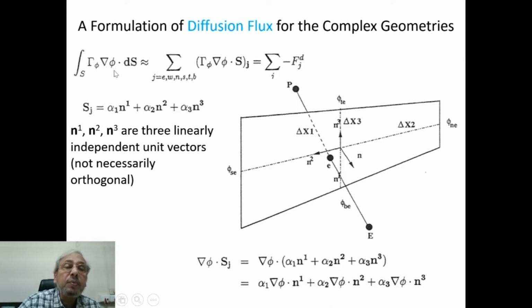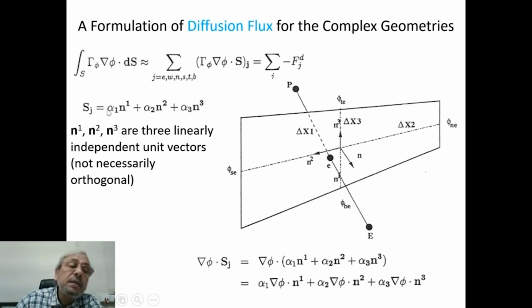It can be U, V, W for the momentum equation, and temperature for the energy equation, dot dS. So we have already written capital gamma phi grad phi dot S over j, integration over all confining surfaces j that we are evaluating.